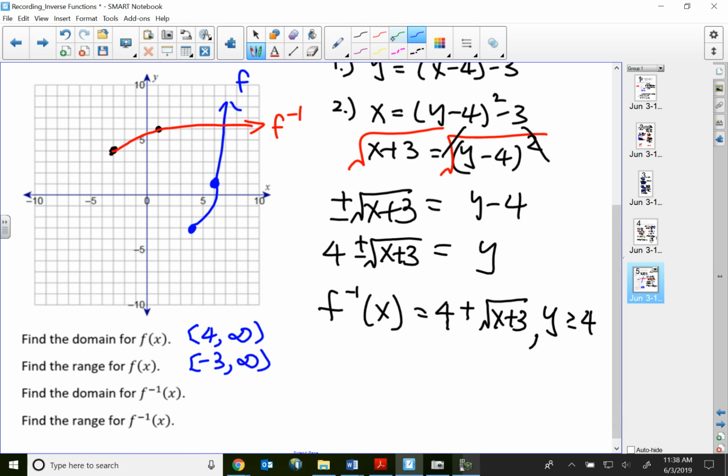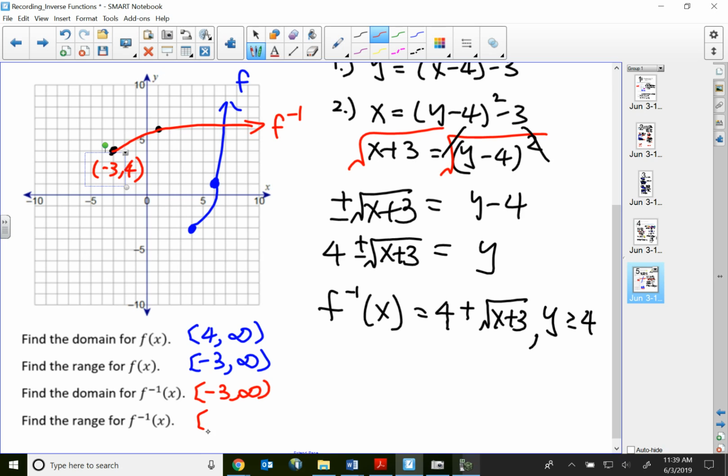Now look at this point. So for my radical function here, the starting point got to be -3, 4. So my domain got to be from -3 to infinity, just like the range. Interchange between the domain and the range.